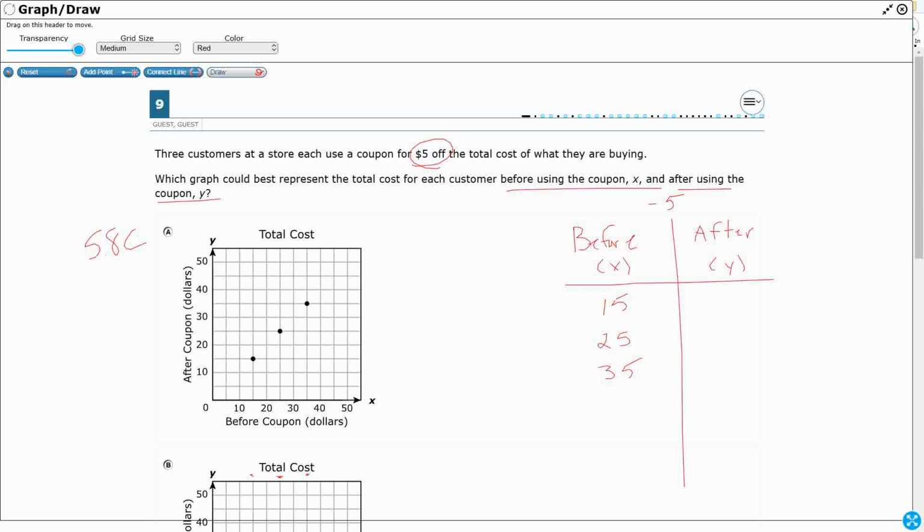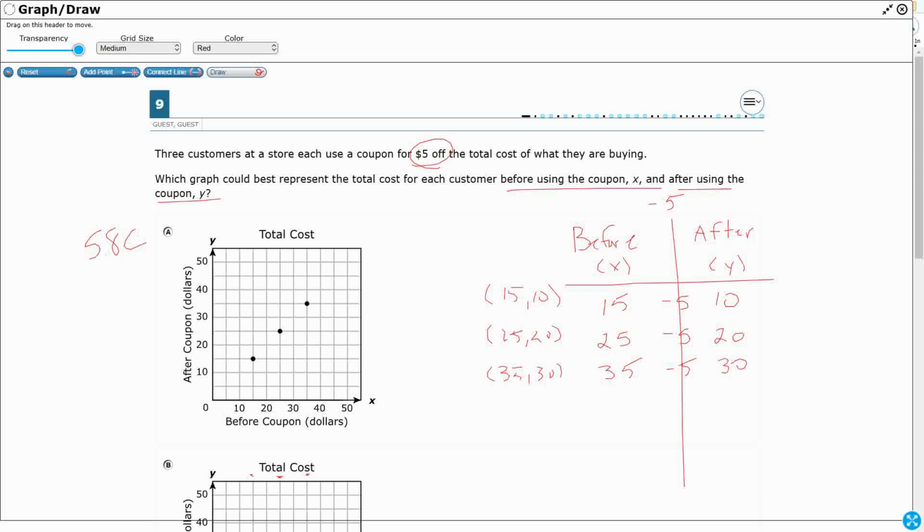So a $15 item with the $5 off is going to be $10. $25 item, take $5 off, $20. And then $35 item, take $5 off, I've got $30. These are my XY coordinates. So what I'm looking for are these ordered pairs, (15, 10), (25, 20), and then (35, 30).